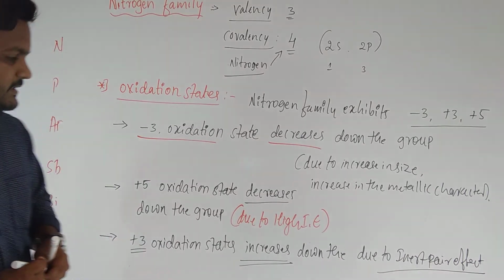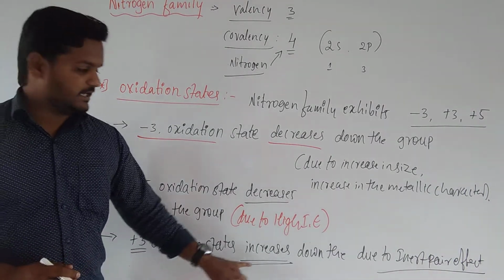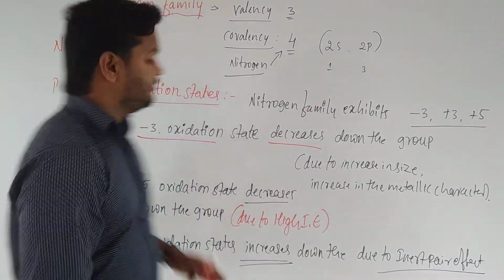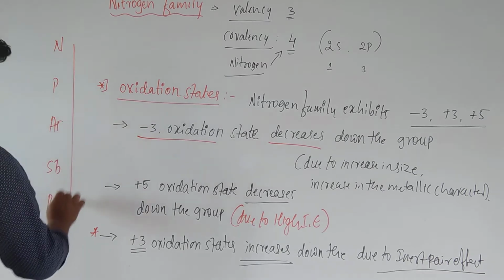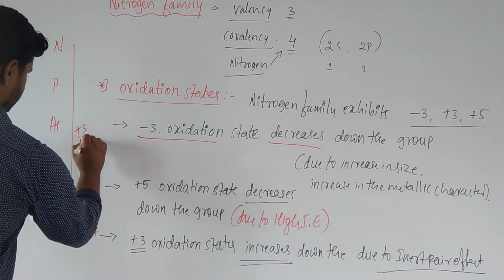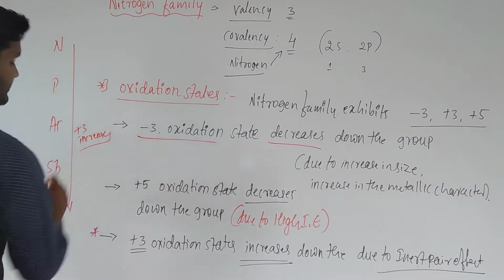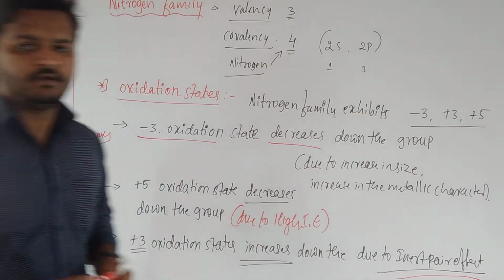Here students, this last point is very important. The +3 oxidation state increases down the group from nitrogen to bismuth due to the inert pair effect. This is a very important point.